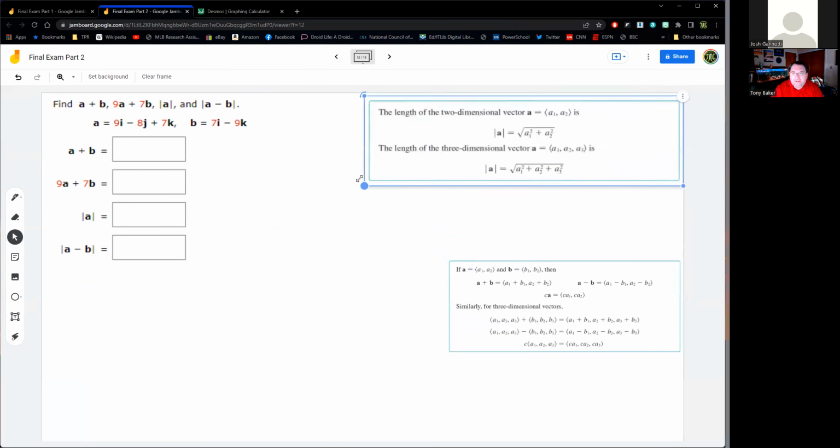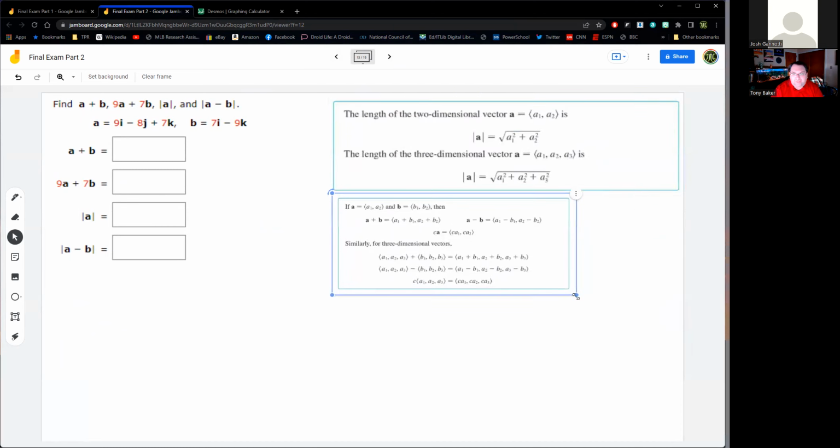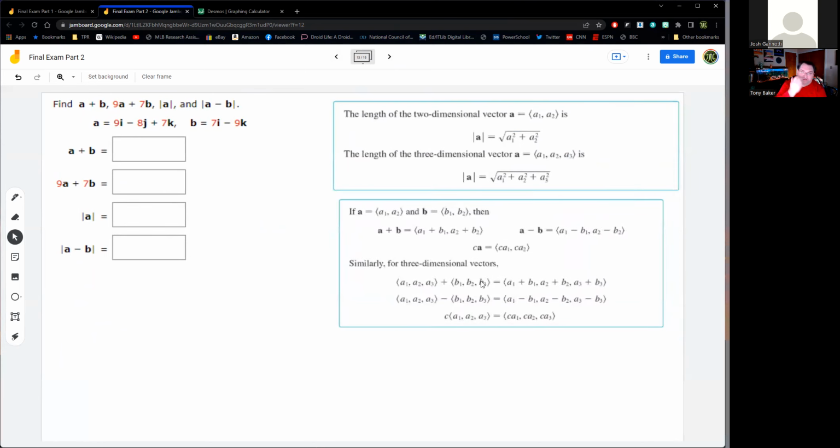Remember, the lengths are just basically the square roots. And then the combination ones are just either addition or subtraction from it. It doesn't matter if it's in terms of the vector notation there or the i, j, and k. The process is identical to it. It just depends on how you're going to write your final answer in the box.